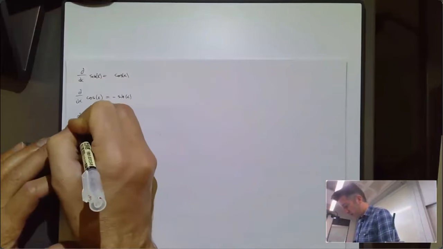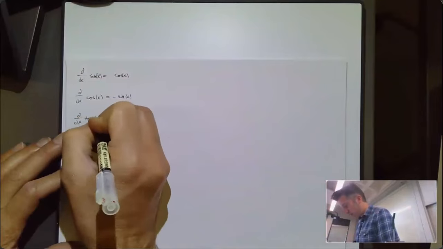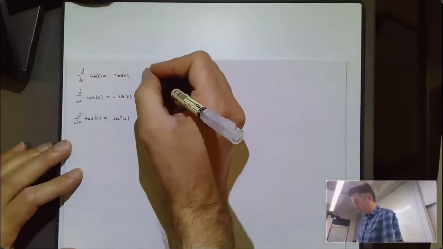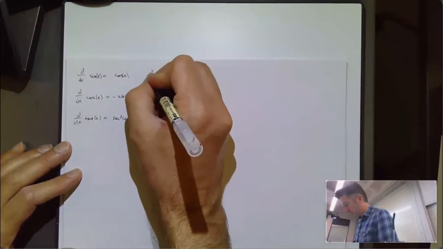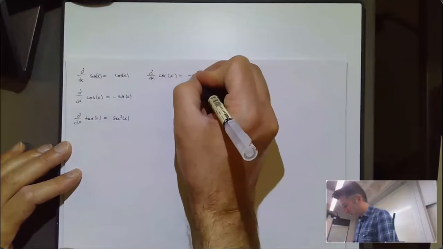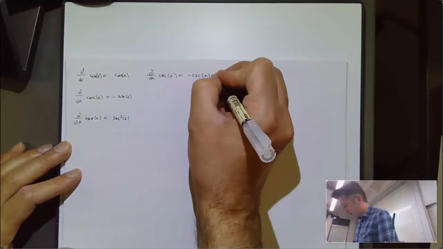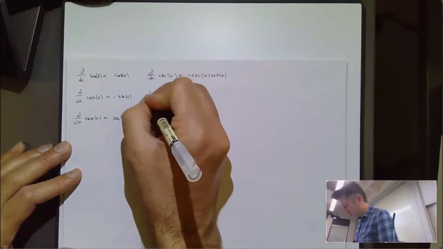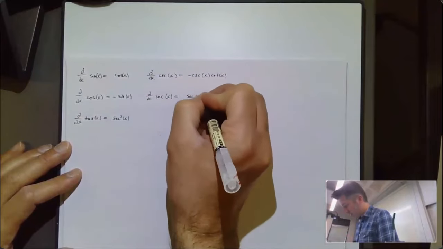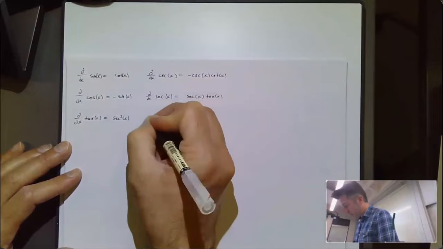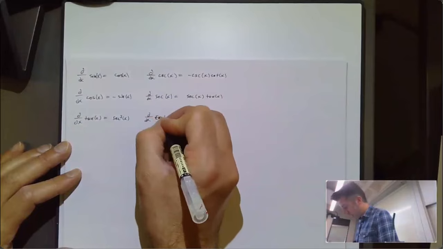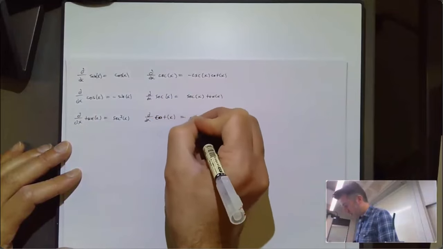The derivative of tangent of x is secant squared of x. And then the reciprocal functions: the derivative of cosecant of x is negative cosecant of x times cotangent of x. The derivative of secant of x is secant of x times tangent of x. And the derivative of cotangent of x is cosecant squared of x.